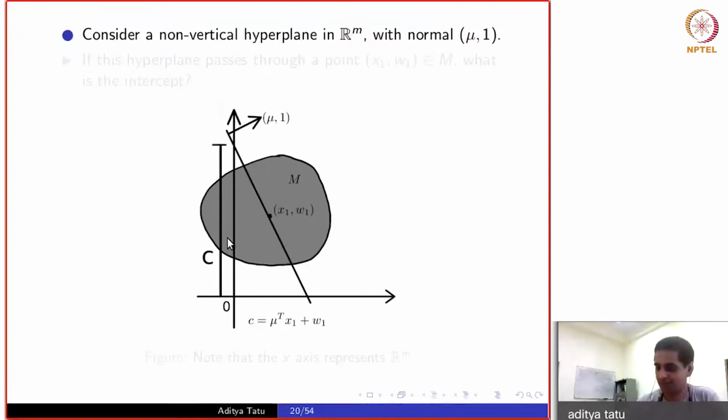This is where it may turn out to be challenging, but let me try. So consider a non-vertical hyperplane. If this hyperplane is confusing you, think of it as a line in R2 by assuming that m is 1. So consider a non-vertical line in R2.